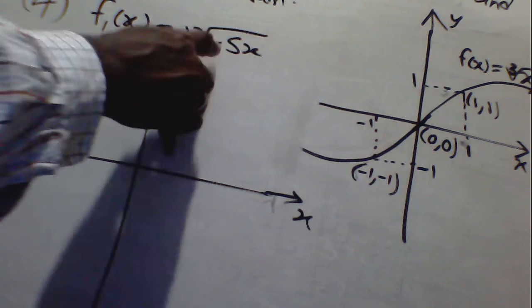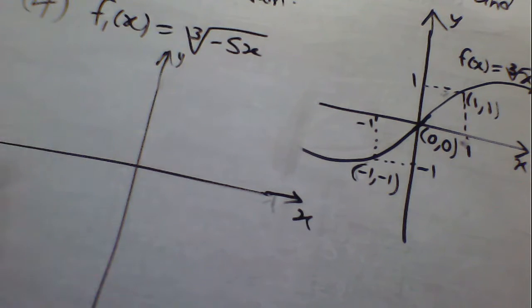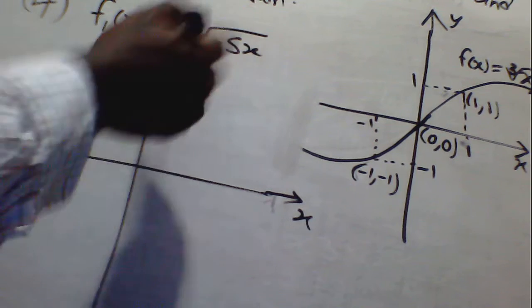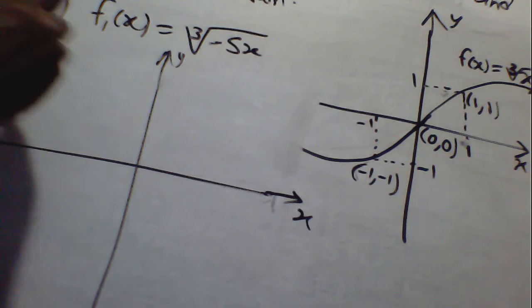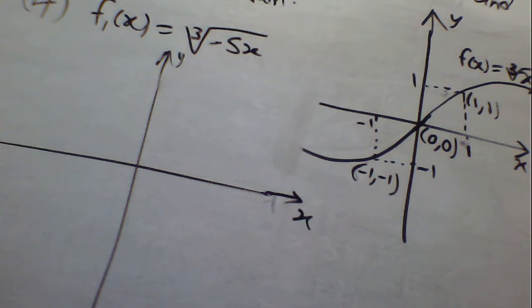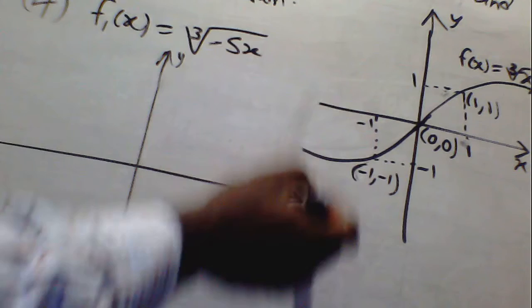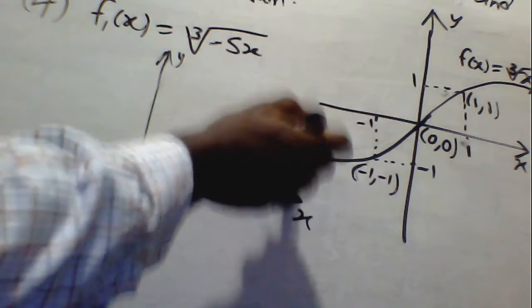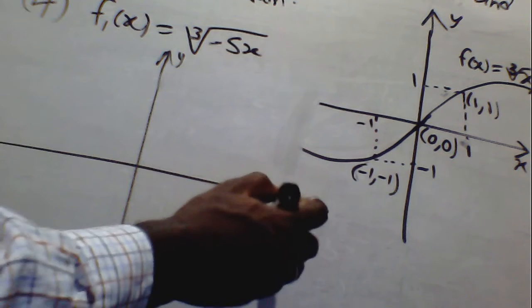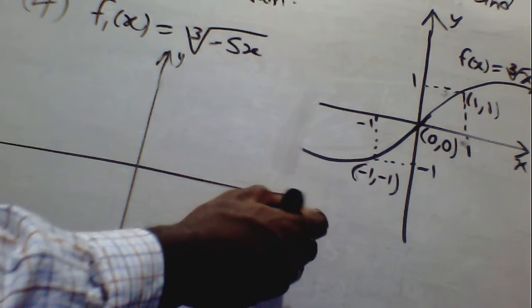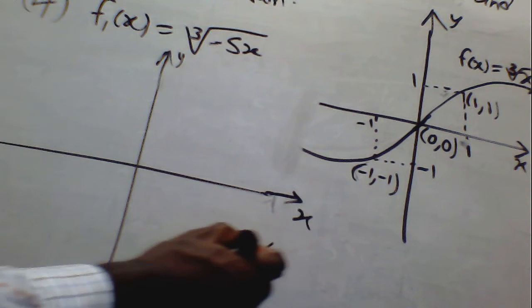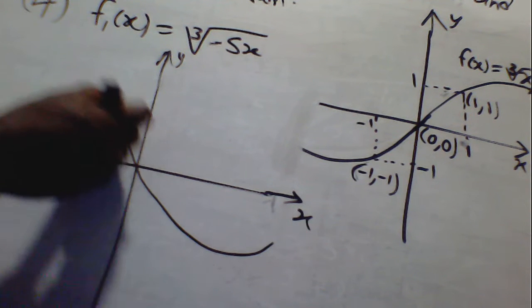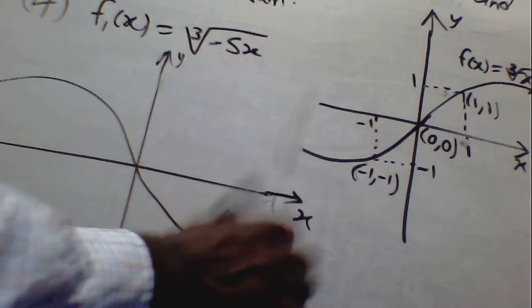Because this is negative and it's an odd function, this graph will reflect on this side. The graph will look like this. Because of this negative, the graph will open. Here is closed. So because of the negative, you can start here to graph it. So it looks like this. So this is how it's going to look.